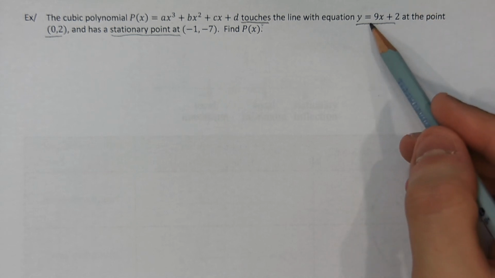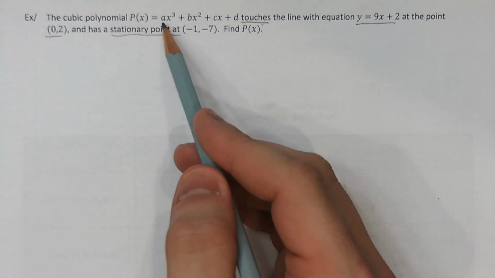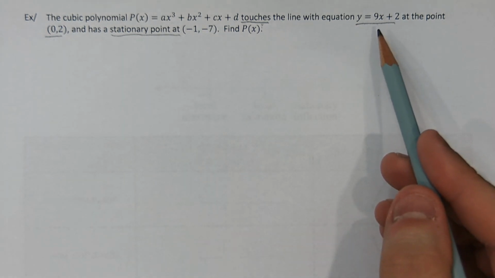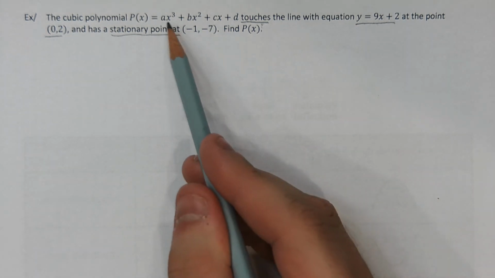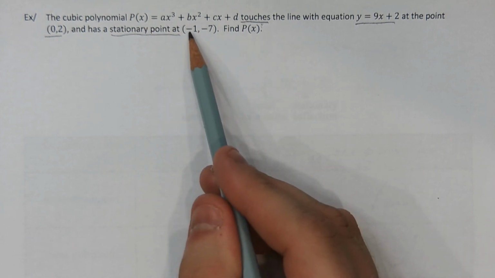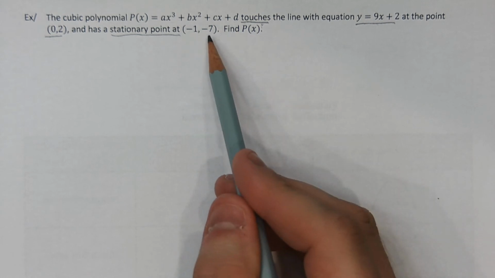This line has a slope of 9. That means when x is 0, the slope, aka gradient, aka derivative of p of x, is equal to 9. I also know that p prime of x, the derivative, equals 0 at x equals negative 1. And then, of course, I was also handed this y value that goes along with it.